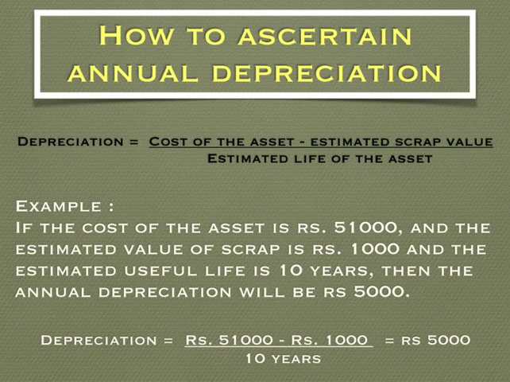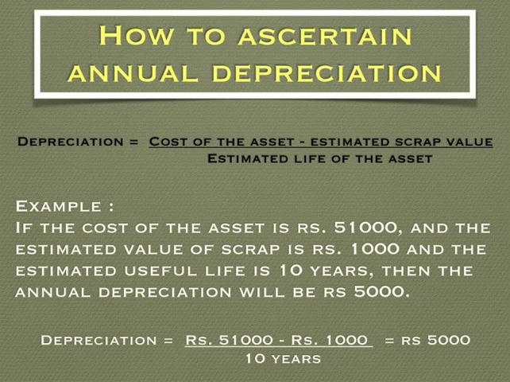If the cost of the asset is rupees 51,000 and the estimated value of scrap is rupees 1,000 and the estimated useful life of that asset is 10 years, then annual depreciation will be rupees 5,000. Here I have converted this example into the formula also.